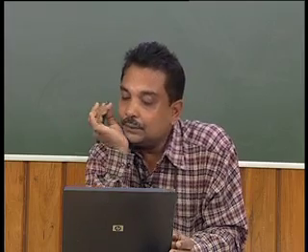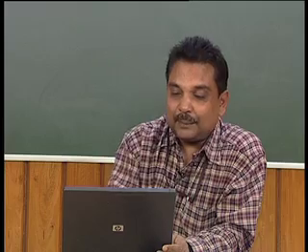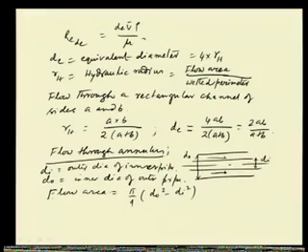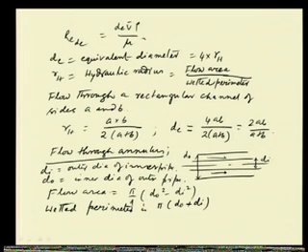Now, for the wetted perimeter, because the fluid is flowing through the annulus region, it is wetting on both sides. So, the wetted perimeter is pi into dO plus di, because both the tube surfaces, the outer surface of the inner pipe as well as the inner surface of the outer pipe, are getting wetted by the fluid flowing.